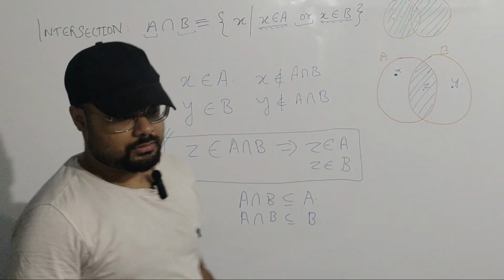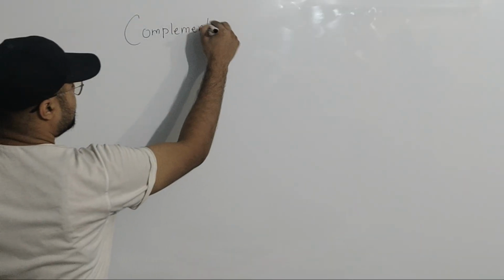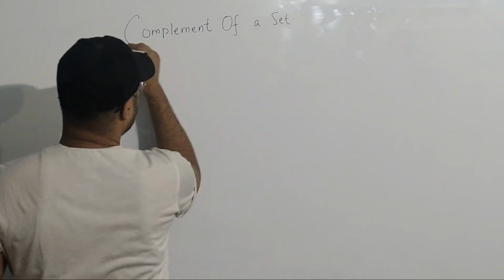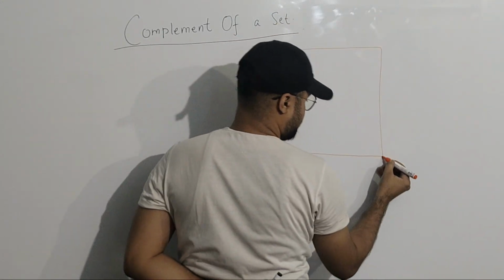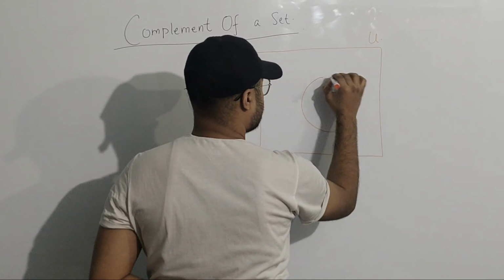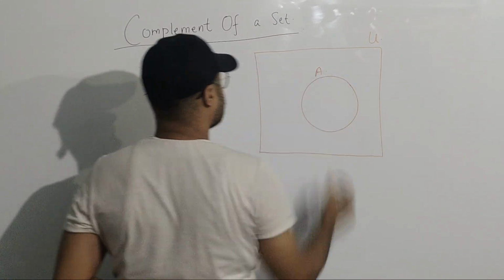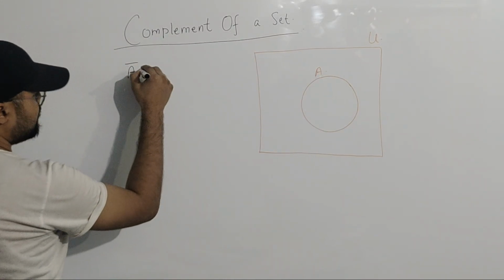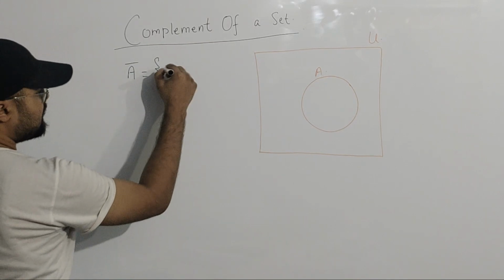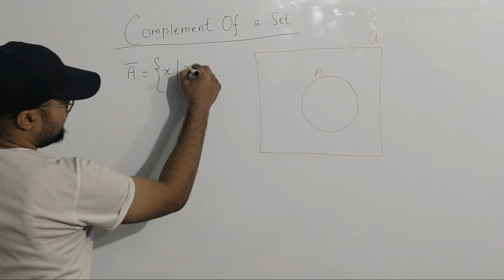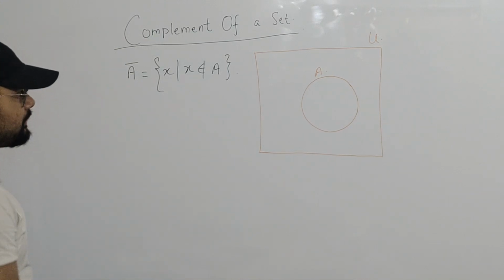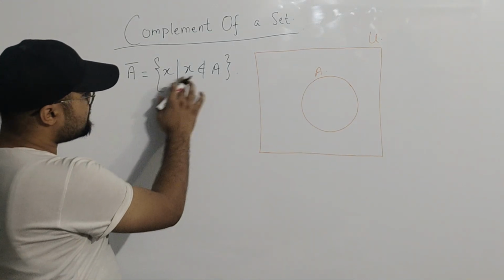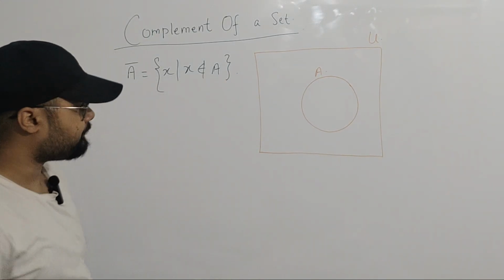Now let's look at complement. A complement is equal to the set of X such that X does not belong to A. This is my complement.